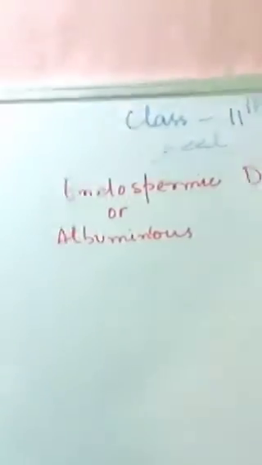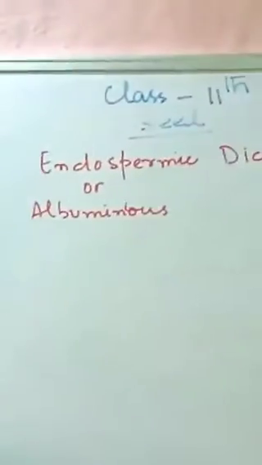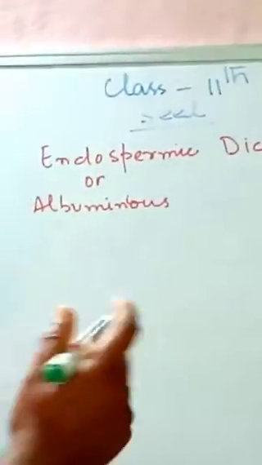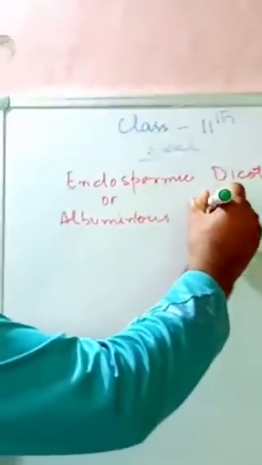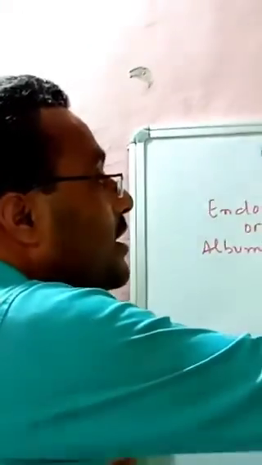We know that when we draw the structure of this seed, we will find that it is somewhat broader seed. We are giving you the example जो हमने वहां पर दिया था, that is the castor seed.